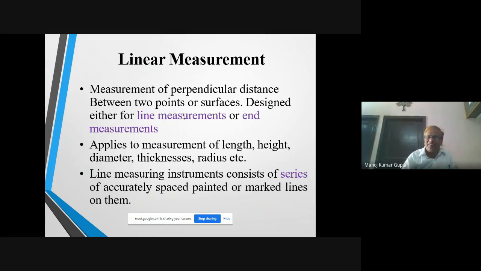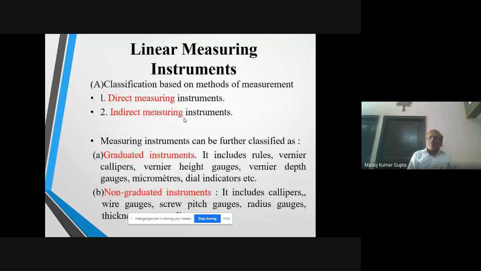So in this case, length, height, diameter, thickness, radius come. And these instruments are marked. They have graduations on them, neatly written at a regular distance.